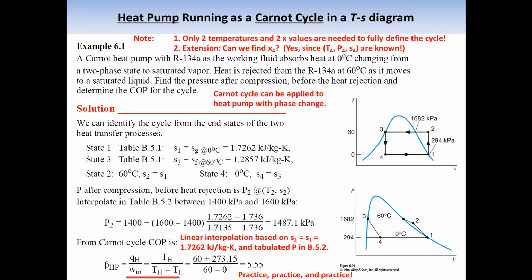Then we are ready to look at the Carnot cycle that involves phase change. This Carnot cycle involves, again, two isentropic processes on the TS diagram, two isothermal processes. Assume this refrigeration cycle operates in reversible situations, but the working fluid involves phase change.